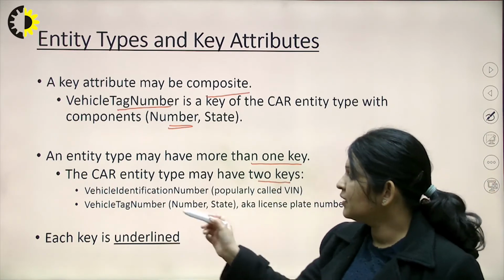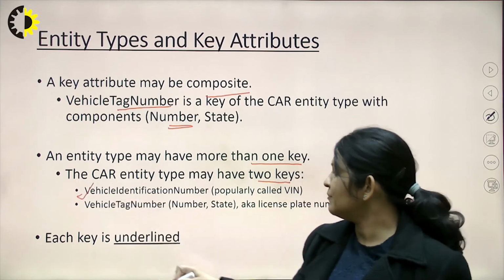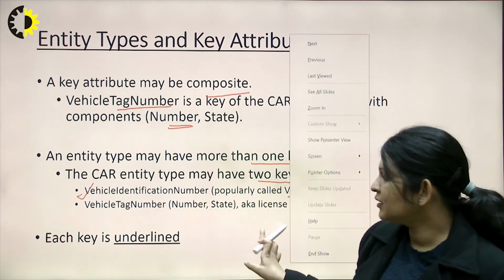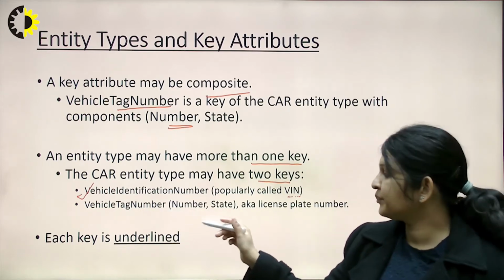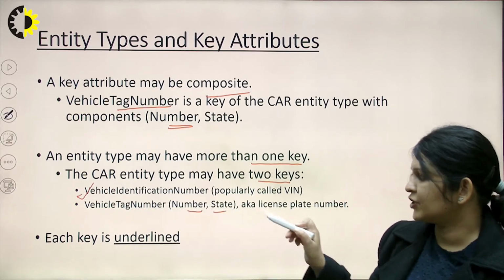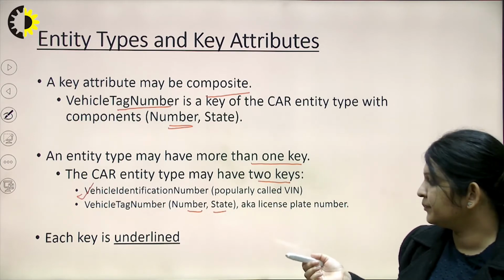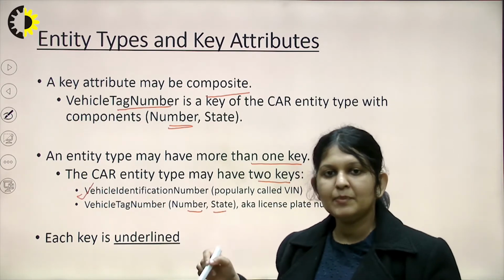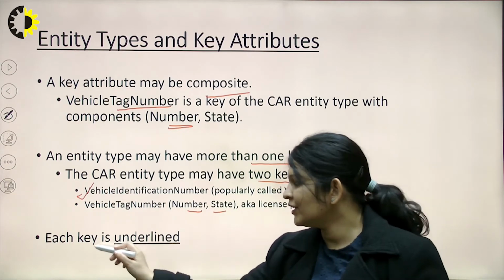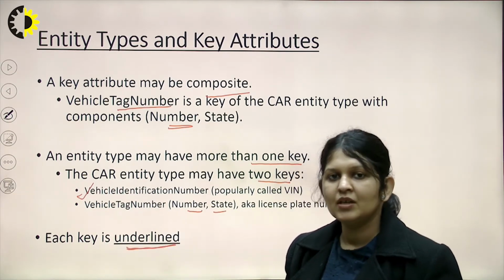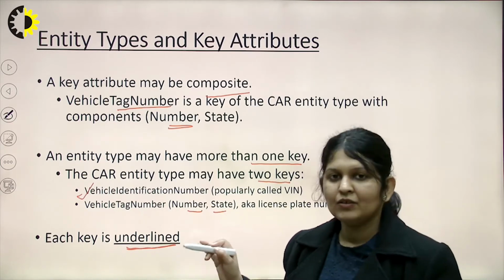For example, one is the vehicle identification number, popularly known as VIN, and the other is the vehicle tag number, that is number and state, also called the license plate number. So in a particular ER diagram, we identify the keys with an underline. We would always underline those attributes which are identified as keys.